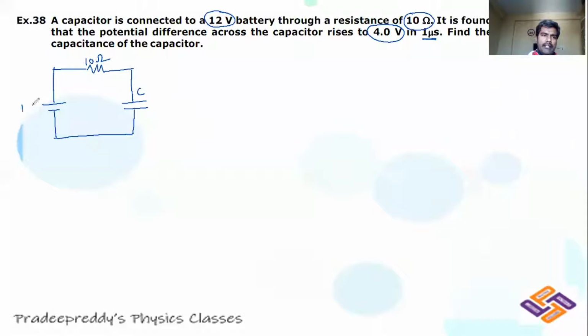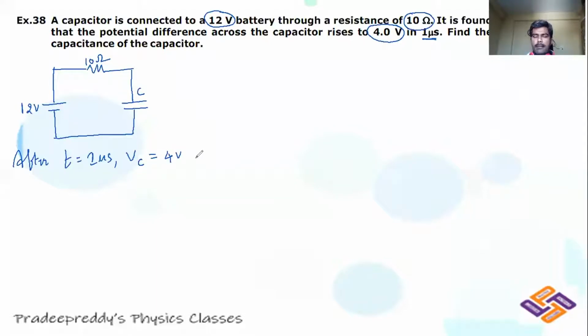The battery has a potential difference of 12 volt. This is the data given to you. And after t equal to 1 microsecond, the potential difference across the capacitor is equal to 4 volt. That is given to you.